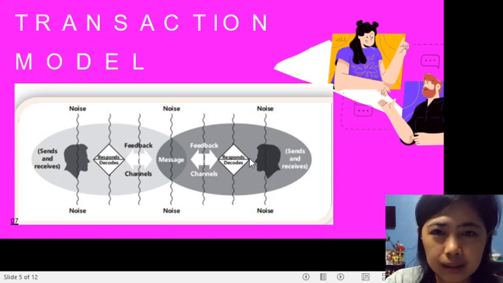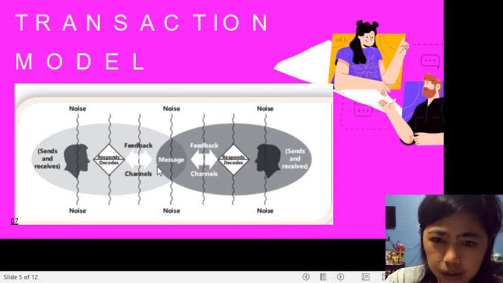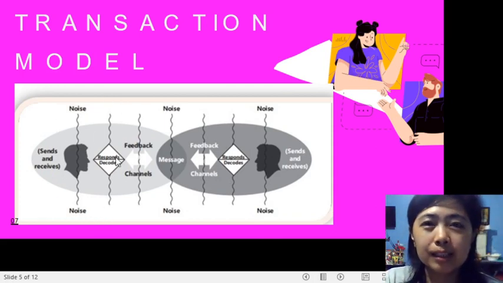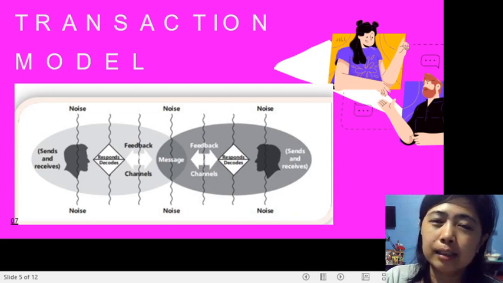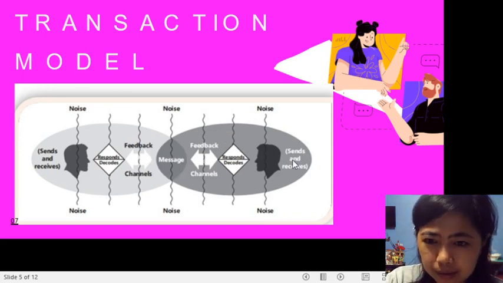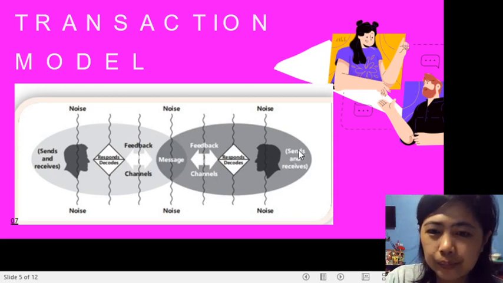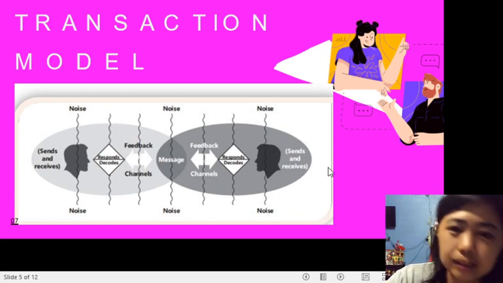communicating. While they are having the communication, you notice that there is what we call noise. Noise here is the presence of a barrier. In each communication, while having feedback, the message goes to the receiver, and then the receiver replies to the sender.